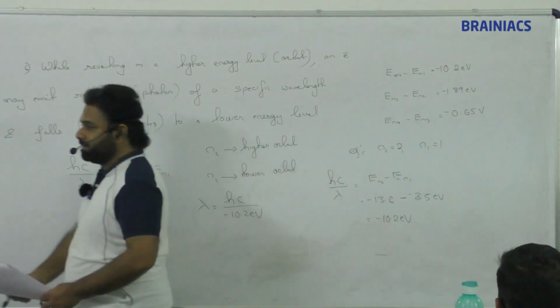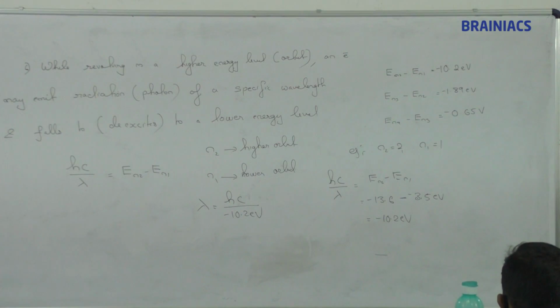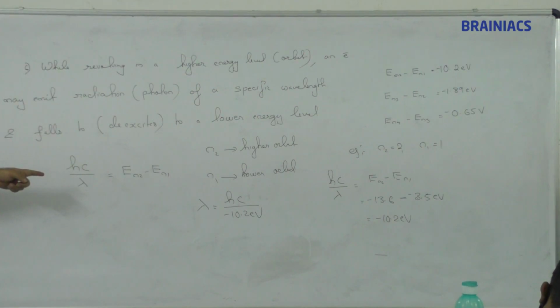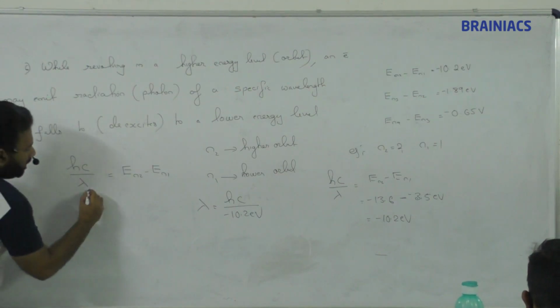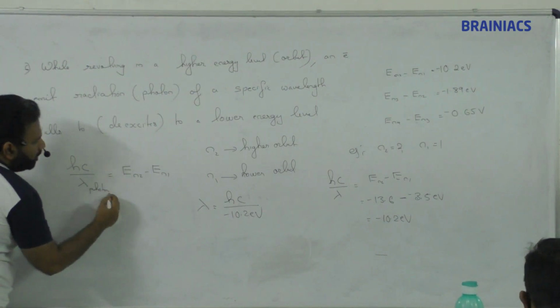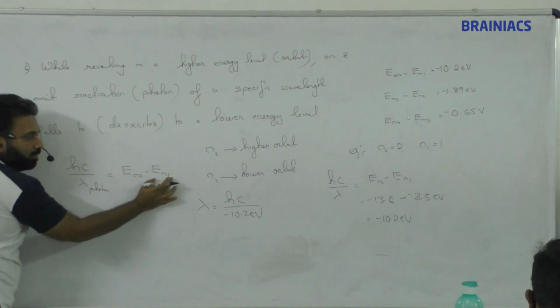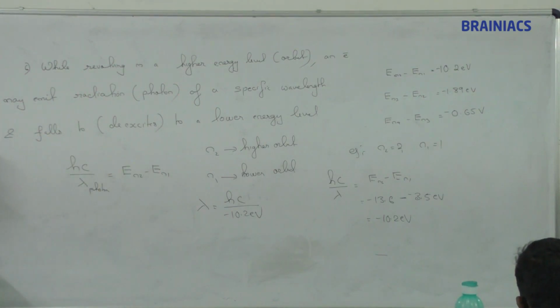Okay, this is the next statement. The change in energy will be the energy of the photon emitted when it de-excites. That photon will have a specific wavelength which is nothing but the difference En2 minus En1. So hc by lambda of the photon will be the energy of the higher orbit minus the energy of the lower orbit. Okay, clear?